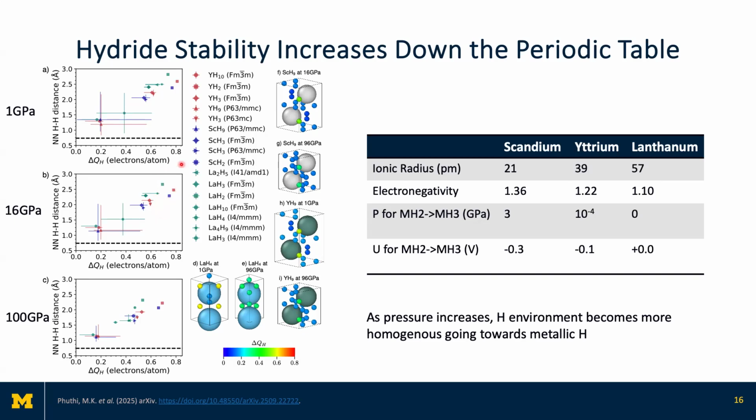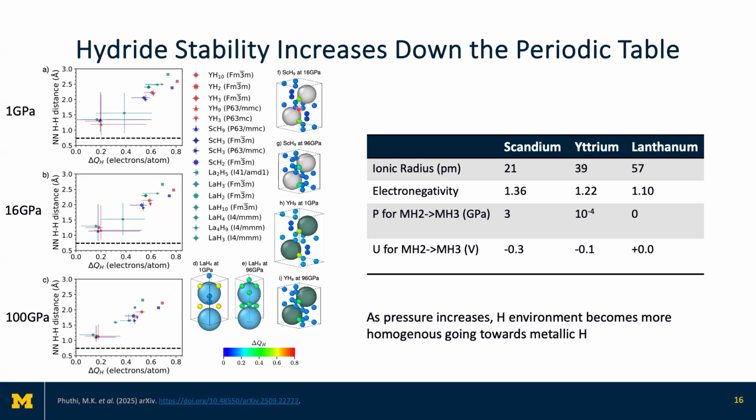So here, I guess what we're showing is a couple of things. One is that when you go from a low pressure, for example, 16 gigapascal, to 96 gigapascal, the environment of hydrogen basically becomes more homogeneous, right? You're approaching this metallic hydrogen state, which is what you want in a superconducting state.